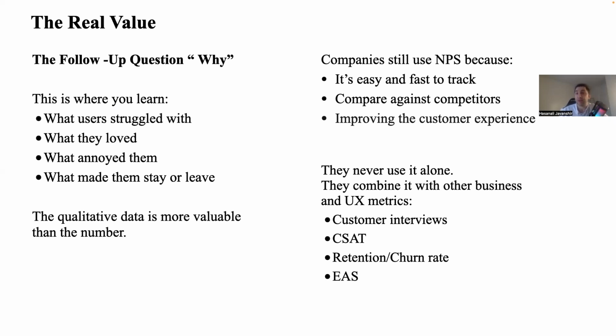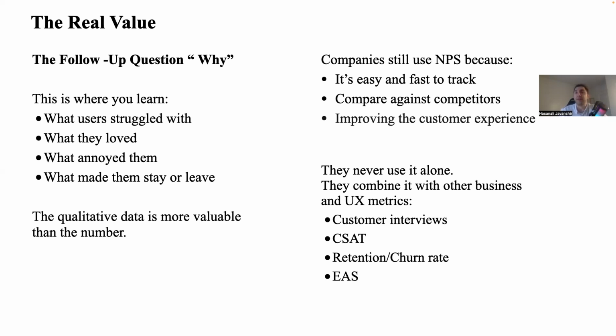They combine it with other metrics and tools such as customer interviews, getting really qualitative data, customer satisfaction surveys, and also retention and churn rates, and also the earned advocacy score, which I mentioned in the previous slide. So overall, I think Net Promoter Score is still useful.